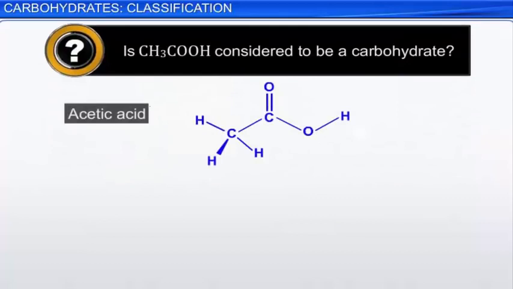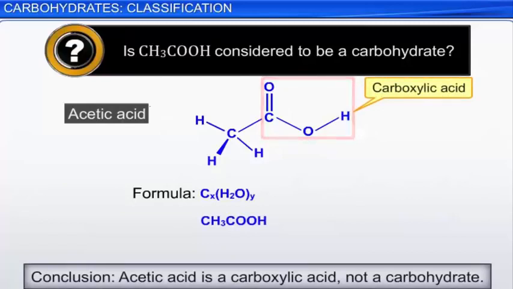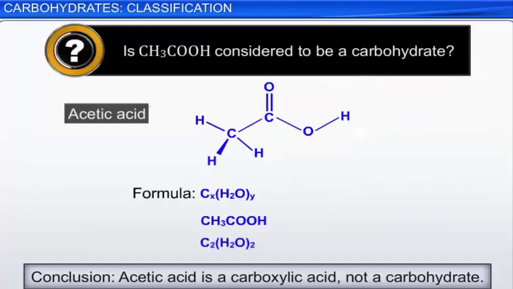Perhaps you recognize this compound as acetic acid. Its formula does fit the pattern, but acetic acid is a carboxylic acid, not a carbohydrate. The formula isn't enough to define a substance as a carbohydrate.